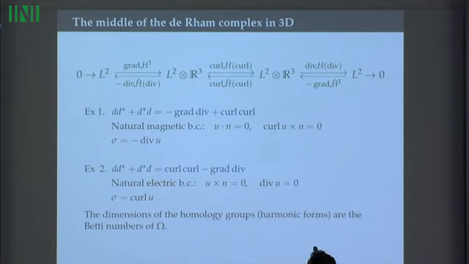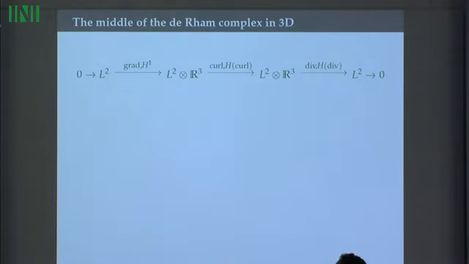So U, which was sitting over here, had to be in the domain of this operator, and that means U has to satisfy U cross N equals 0. Okay? So in this formulation where I start with this Hilbert complex, there are no boundary conditions that I built into the spaces. That was my choice. That means there are no essential boundary conditions. I didn't build them into the space. They come out naturally, just like the Neumann boundary conditions for the scalar Laplacian come naturally.